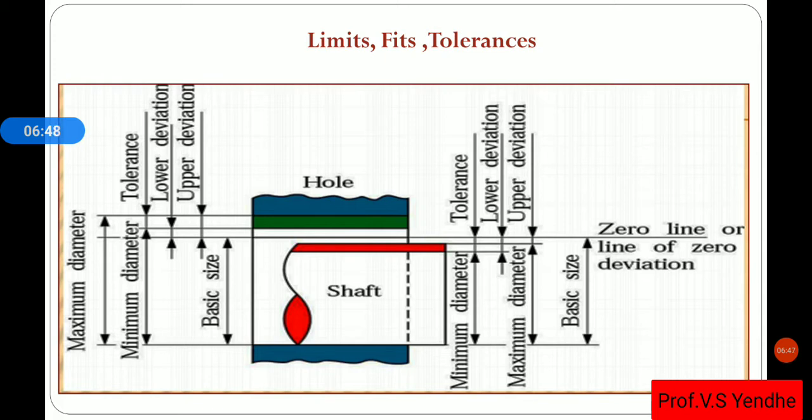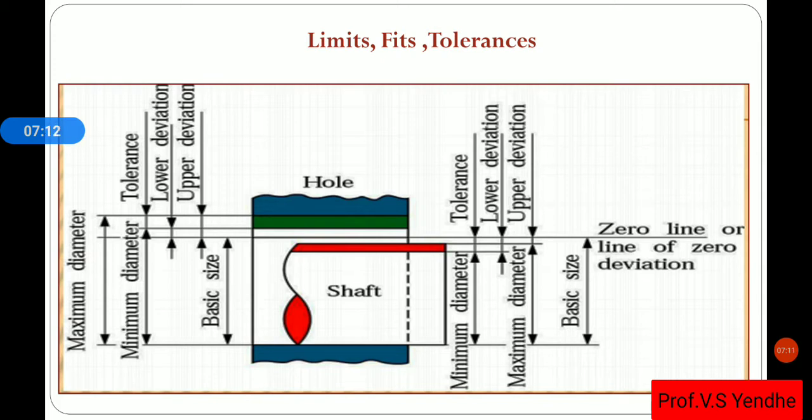Then actual size. If we measure that particular component by using a measuring instrument, then we will get a particular dimension value. That measured value is known as the actual size.